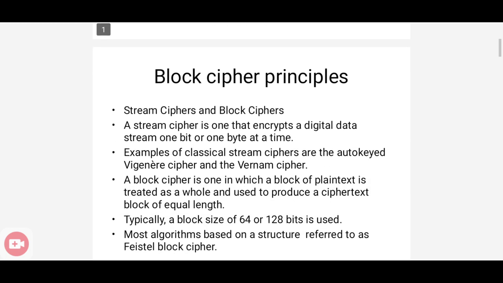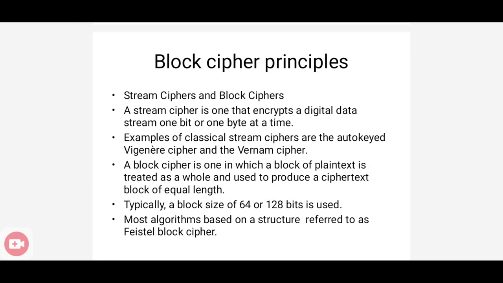Now we can study the block cipher principles. There are actually two: one is a stream cipher and another one is a block cipher. What do you mean by stream cipher and block cipher? What is ciphering or encipherment?